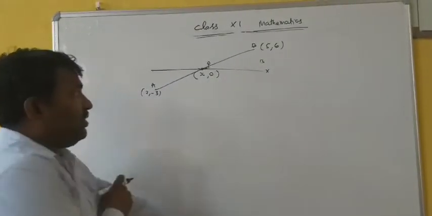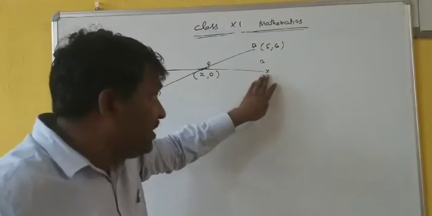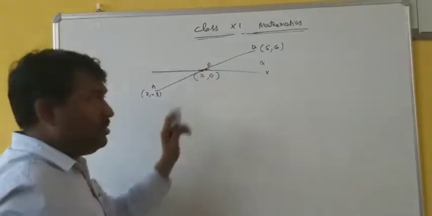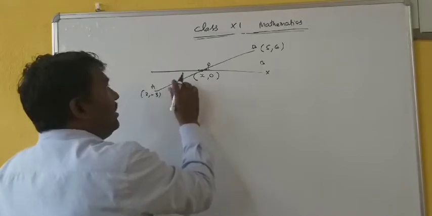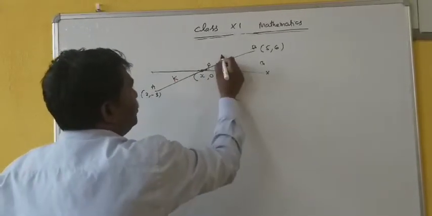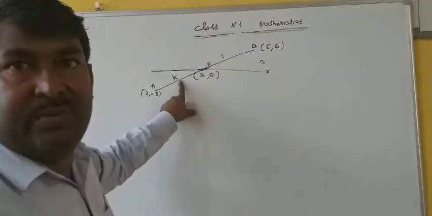If the question says it is divided by the y-axis, it means the x coordinate at that point will be 0. I will give some questions. So in what ratio? You can assume m:n, or the easier way is to let it divide in the ratio k:1. Once you find the value of k, that will be your answer.